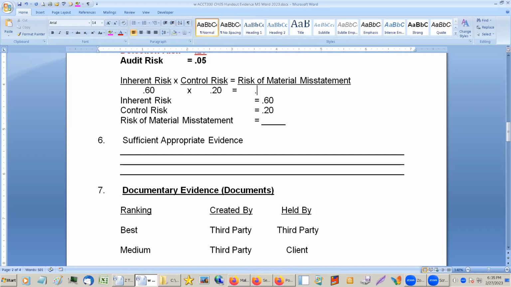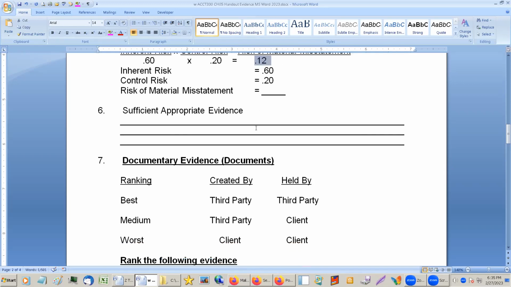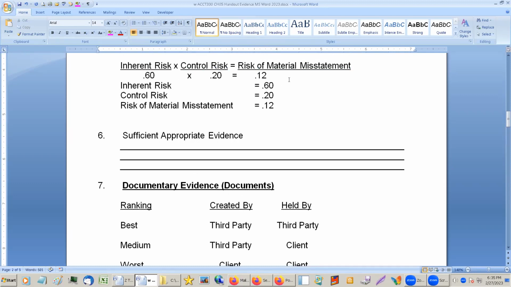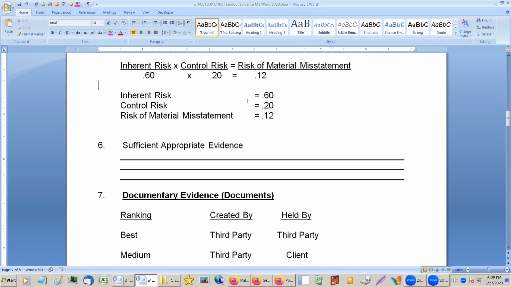What, 0.12? So the risk that a material misstatement will occur is the combination of those two.